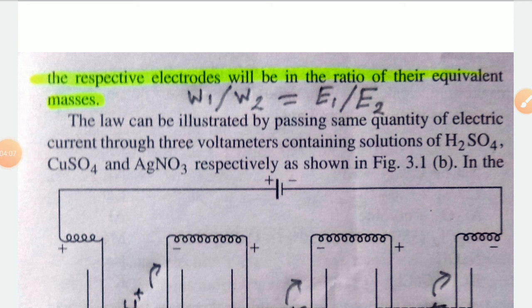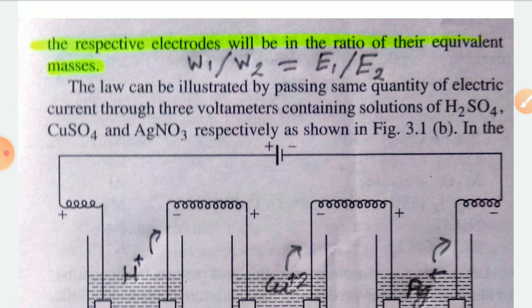Therefore, we may write W1 upon W2 is equal to E1 upon E2. Here W1 and W2 are the deposited masses of substance at the first and second electrodes. E1 and E2 are the equivalent masses of the first and second deposited substances.